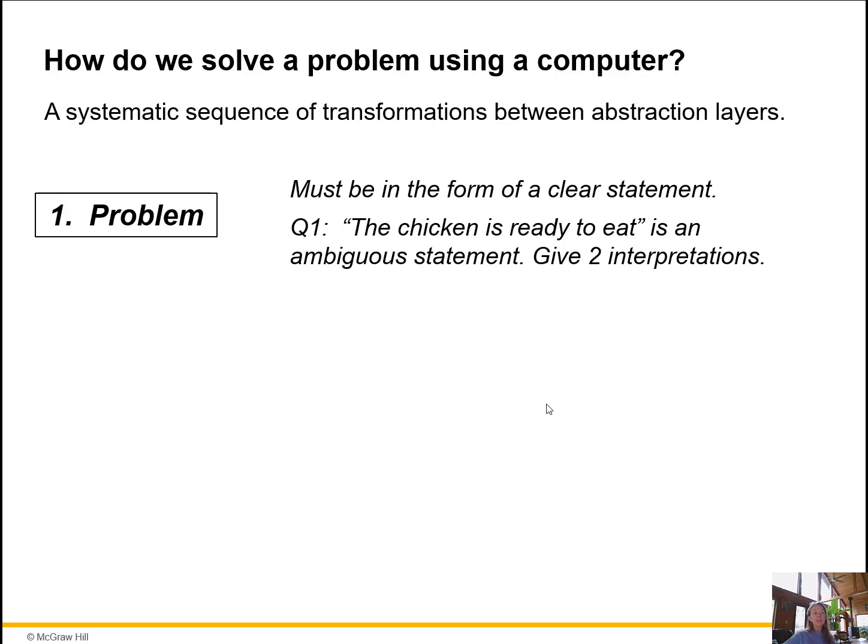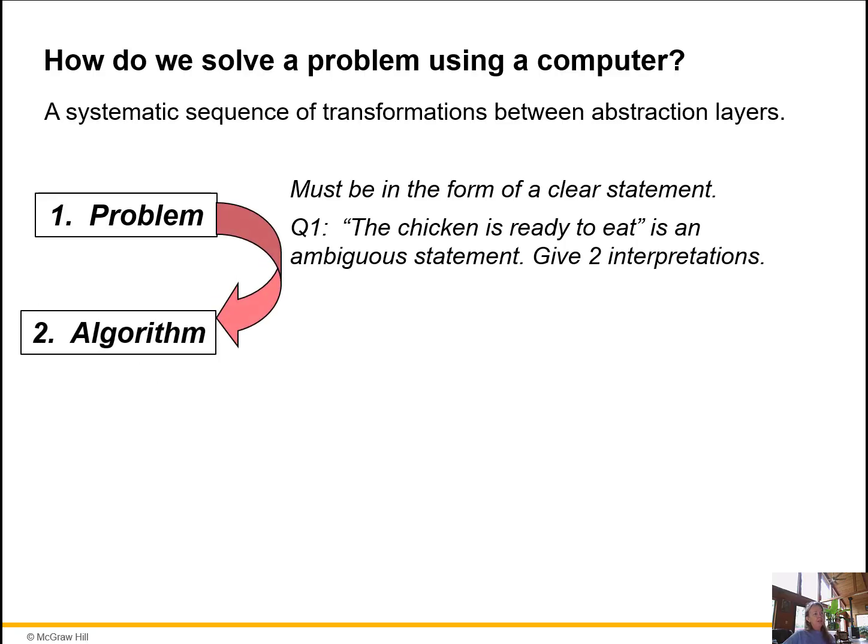B, another interpretation might be the chicken that I've prepared in the oven for my family is now ready to eat. That would be another interpretation. So on your piece of paper, write down 2 interpretations of this statement, which I gave you my 2. If you have something else, you write that down too.